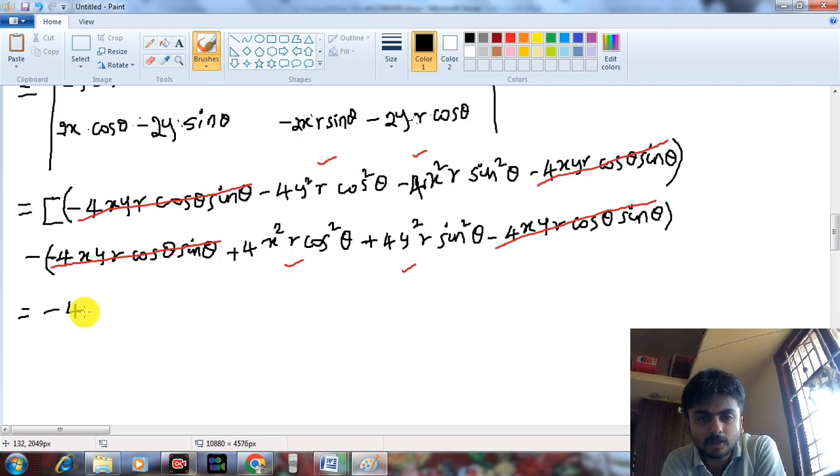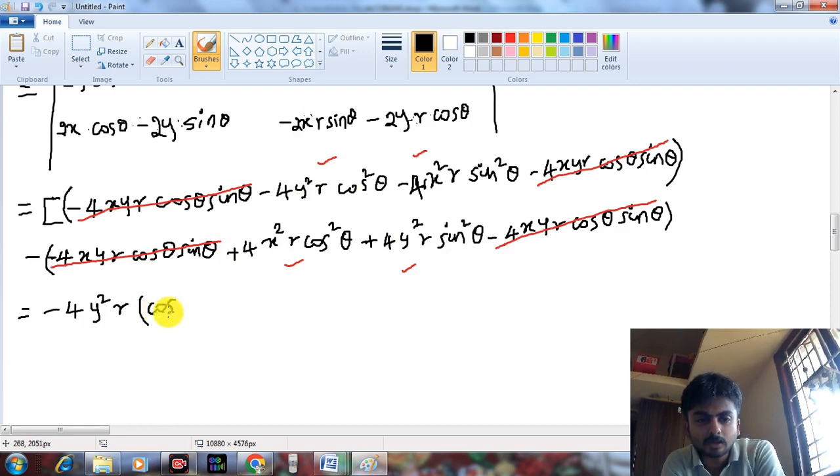What is common? We can take y square r commonly outside. So minus 4y square r into cos square theta plus sin square theta.